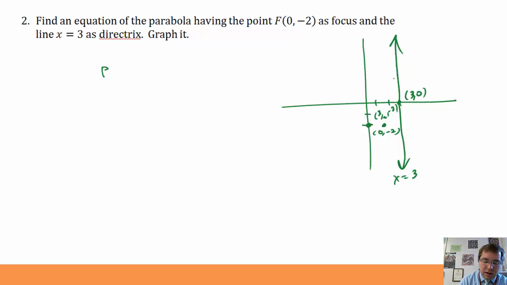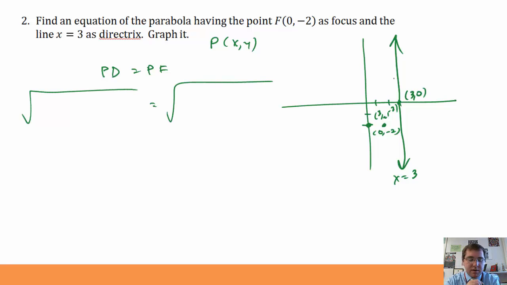So I know PD equals PF, where P is a point x, y on my parabola. Right? So just like before, I'll have square roots on both sides using the distance formula. PD is the distance from P to D, where P is the point x, y.